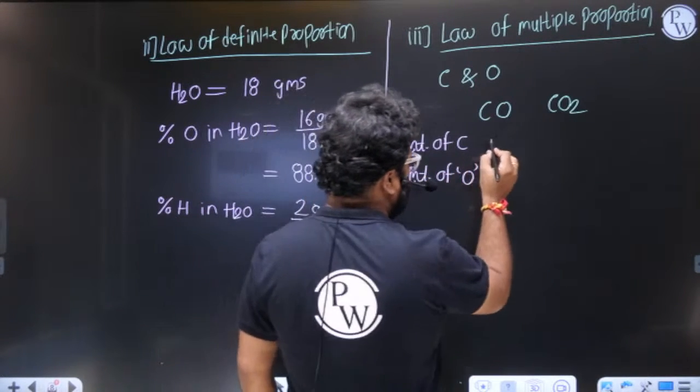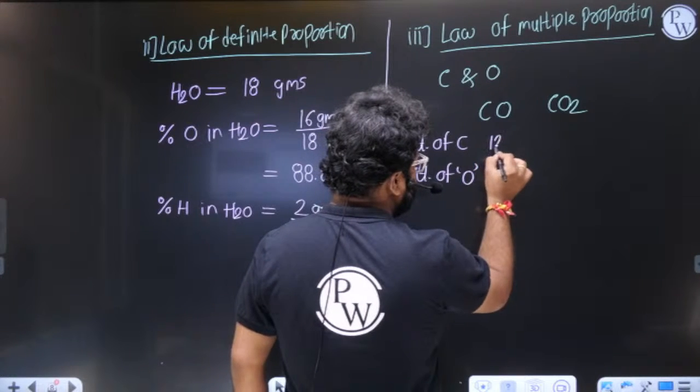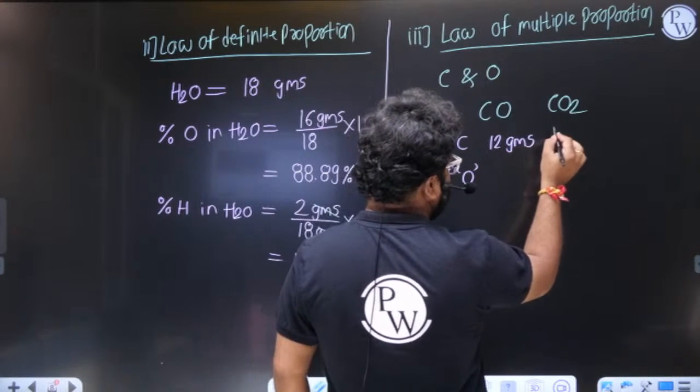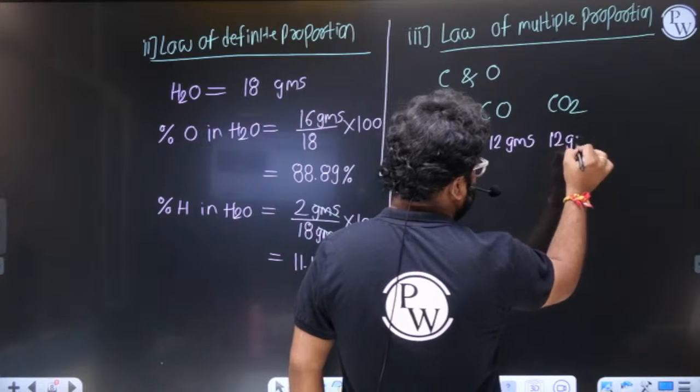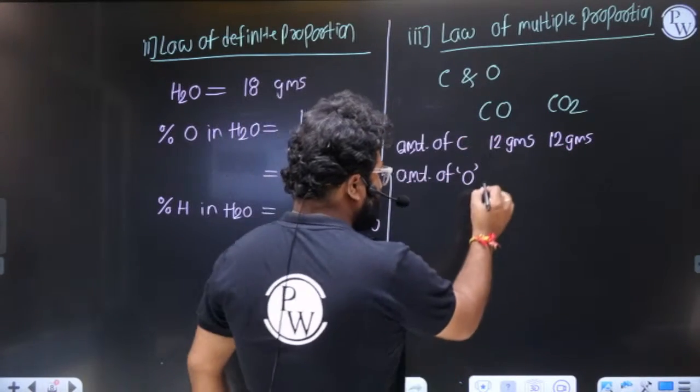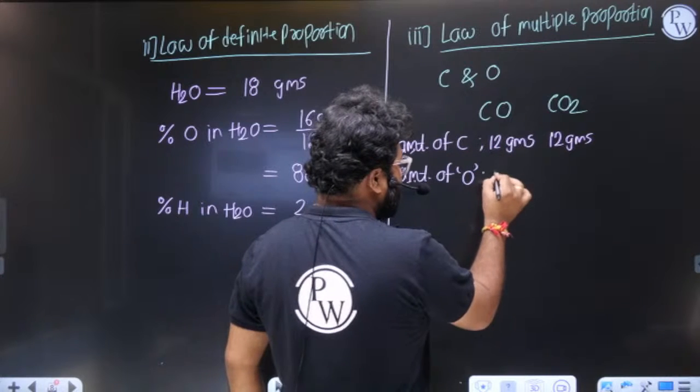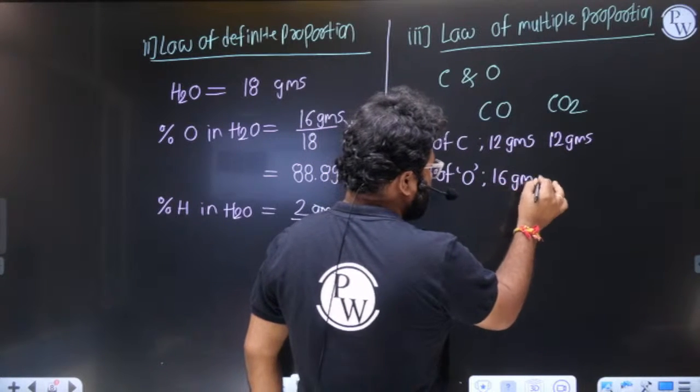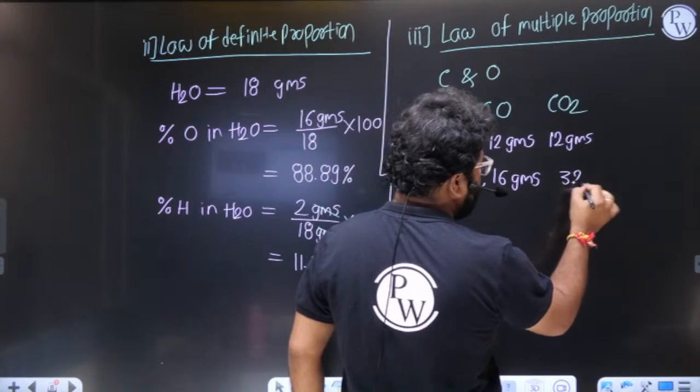Look here, the amount of carbon reacted is 12 grams, and here also 12 grams. If you take the oxygen, the amount which has reacted here is 16 grams and here 32 grams.